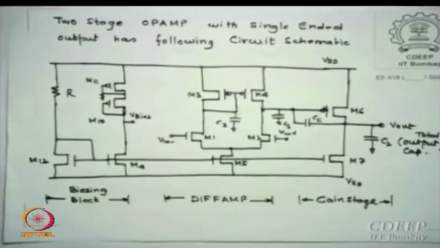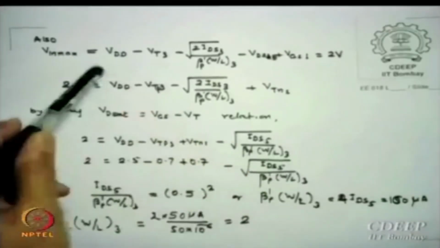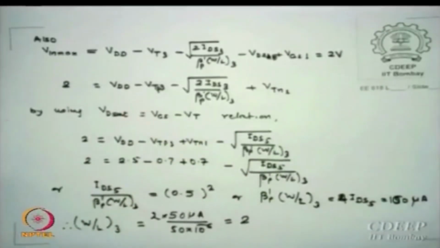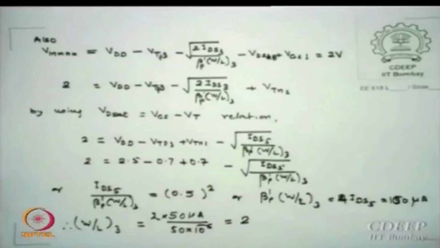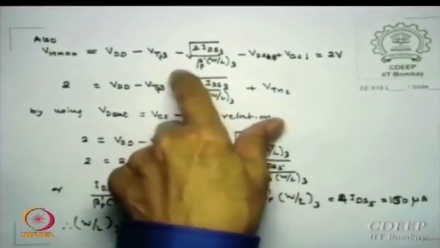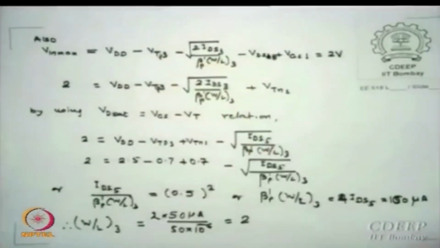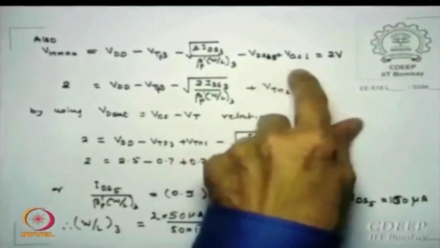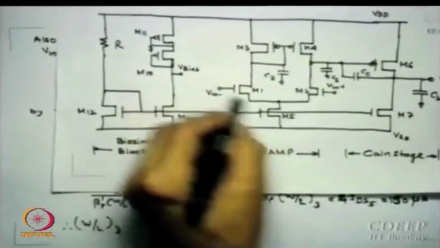Now if I repeat this function, it will be VDD minus VT3, or VTP3 you should write if you wish, so that it is a p channel device, minus, this is VGS3 I am writing. What is this? VGS3, okay, minus VDS sat for 1 plus, please remember, this is VDS sat plus VGS1.